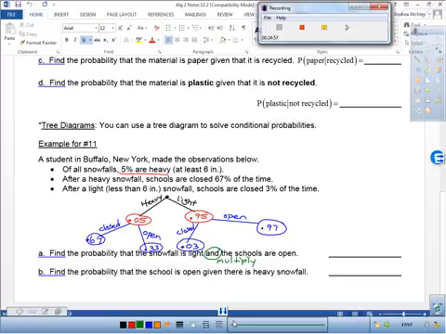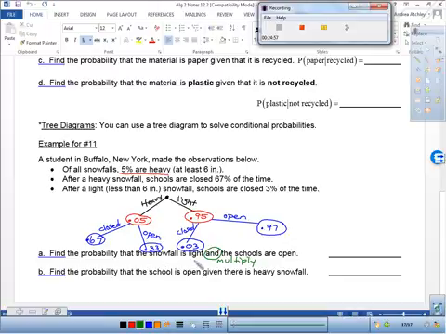In probability, and means multiply. The ones above, when we were dealing with the charts, we didn't need to use the and. We just could find the number on the chart. So don't worry about it when we're doing the charts. The and's not going to be multiply. But in all the other situations, you're probably going to have to multiply when you see the word and.